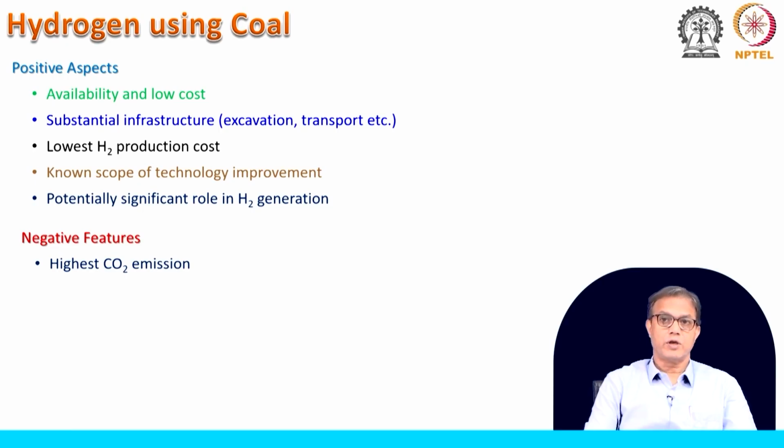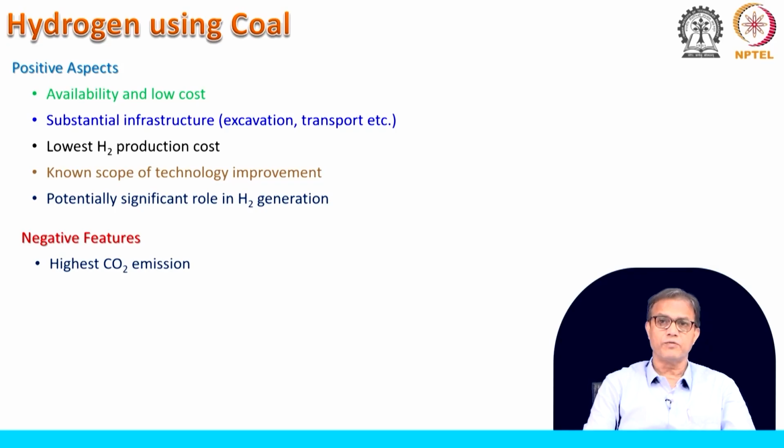For 1 kg of hydrogen, we generate nearly 19 kg of CO2 with coal, compared to about 10 kg of CO2 if we generate 1 kg of hydrogen using natural gas.